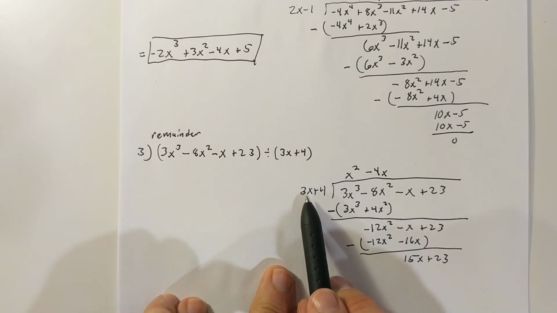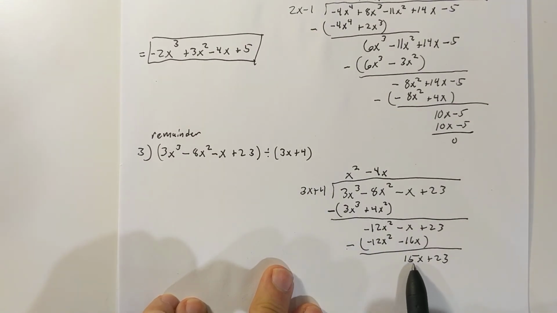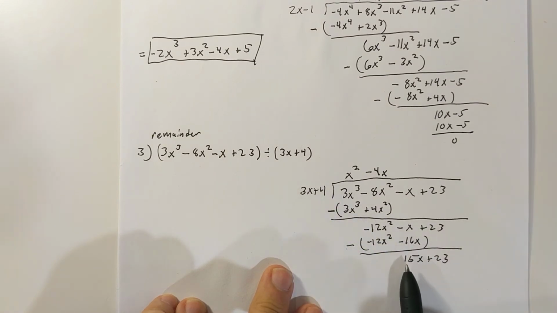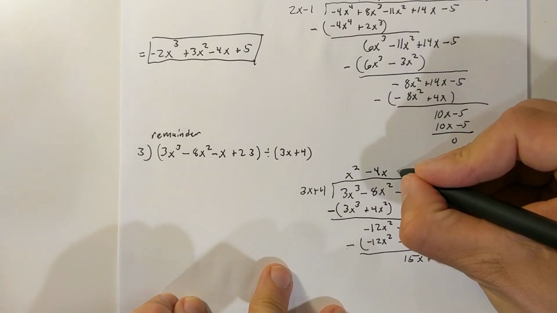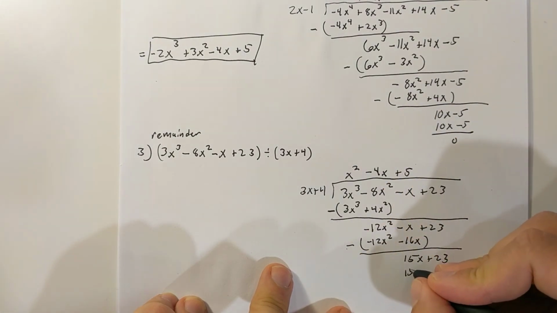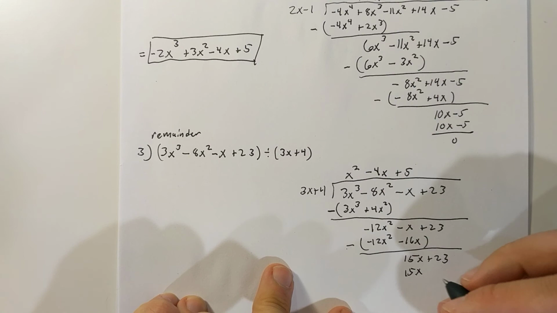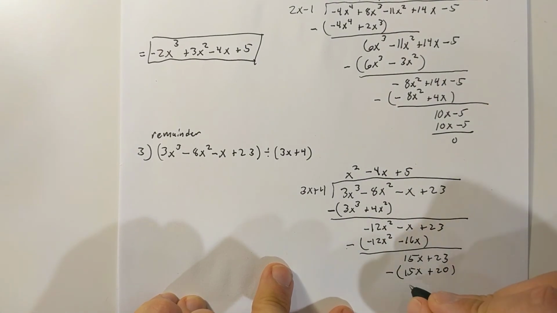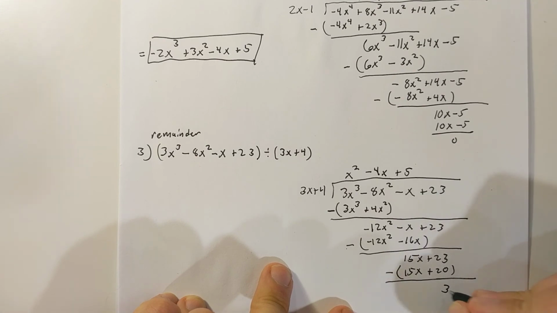All right, last thing, 3x times 15x. Well, 3x to get to a 15x would mean I have to multiply by 5. That's going to give me my 15x, but it's also giving me a positive 20. So when I subtract, I'm left with a 3.